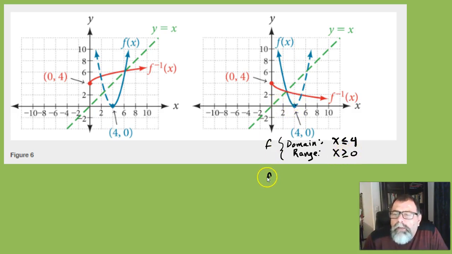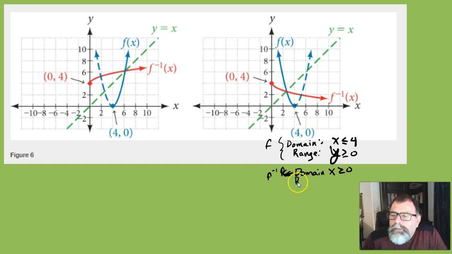And so when I do f inverse, right, we're going to switch these. So x becomes y, y becomes x. So the range, the domain is this range. So you switch that y to an x. X is greater than or equal to 0. And you can see that on the red one, the domain is x is greater than 0.